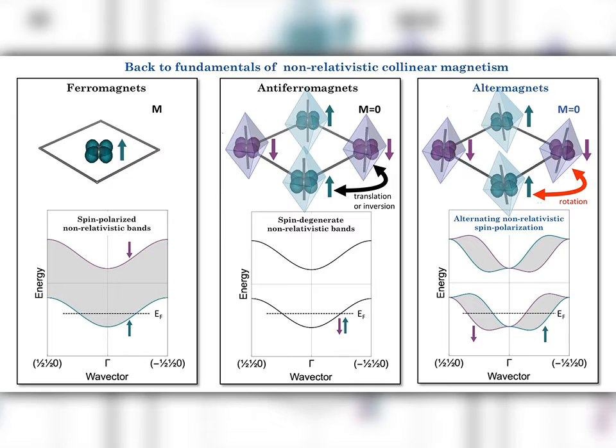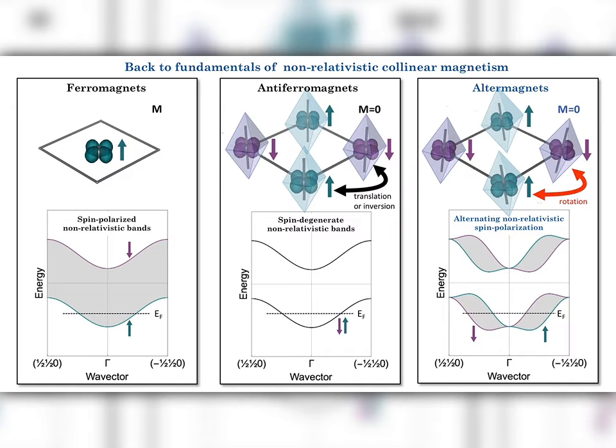It's actually a complete classification of non-relativistic collinear magnets. And second, having a formal group symmetry theory will guide us towards the most favorable candidate materials where we can observe this type of magnetic order.